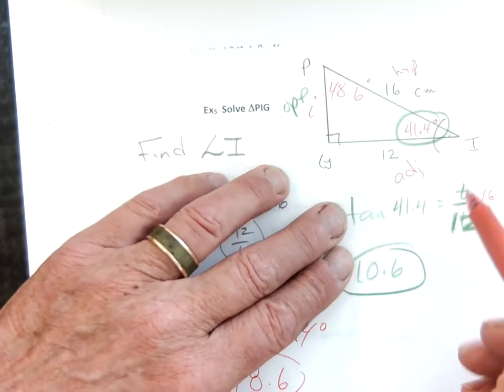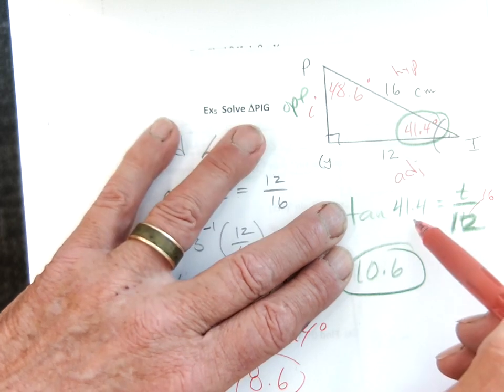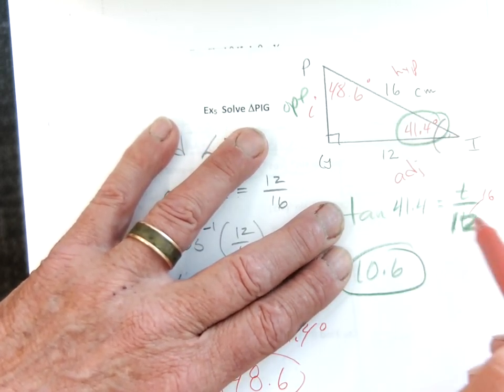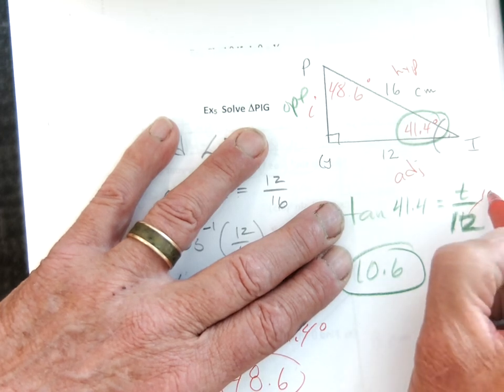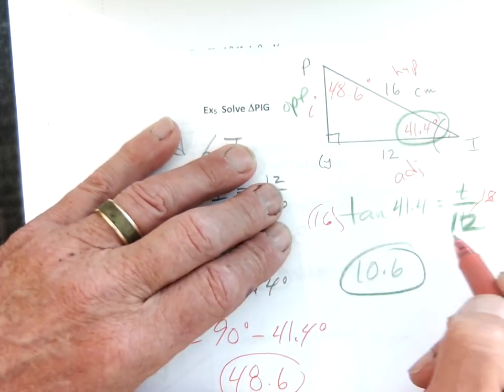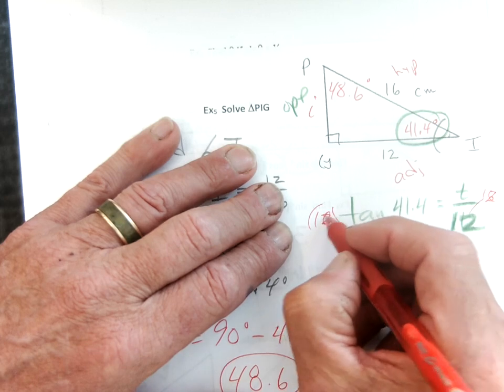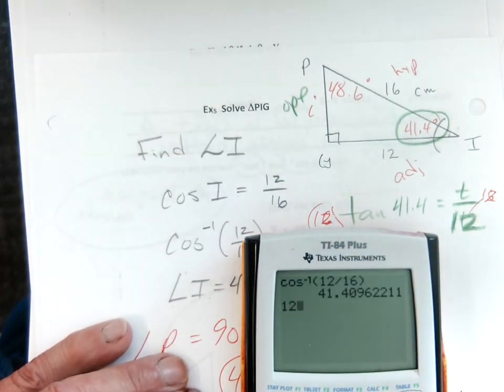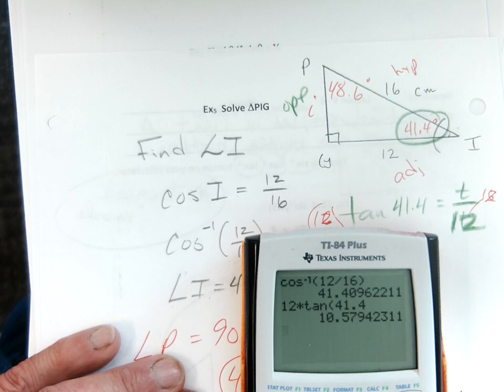So we used tangent. And we went tangent of 41.4 because we're not looking for the angle. We know the angle. And that's going to be multiplied by 12. So we did 12 times tangent of 41.4. We got an answer of about 10.6.